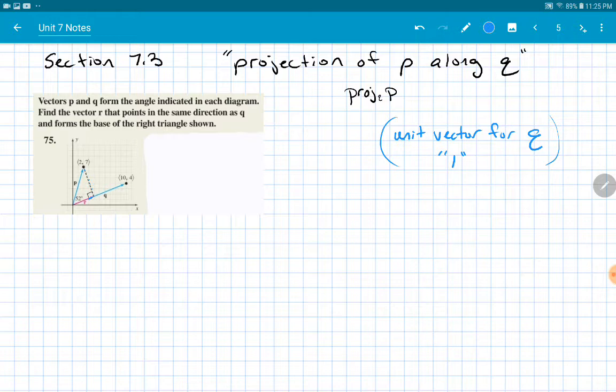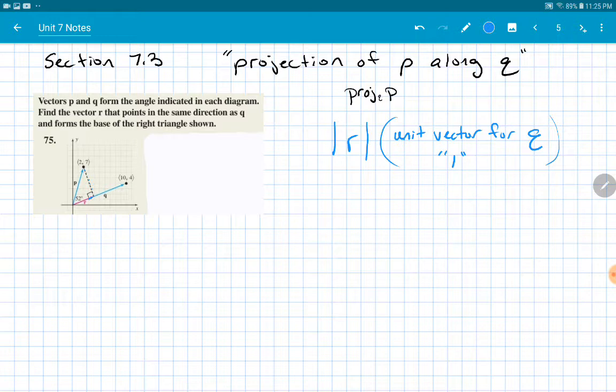The magnitude of R tells us how long that shadow is. It doesn't have anything about direction. It just tells us how long that pink line is, that shadow from P. Actually, I'm sorry, that's right, because we don't want all of P, we just want the shadow.